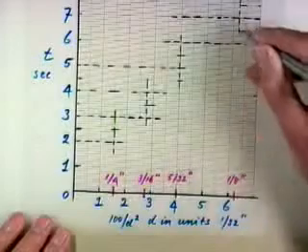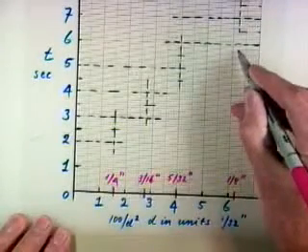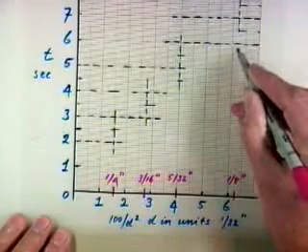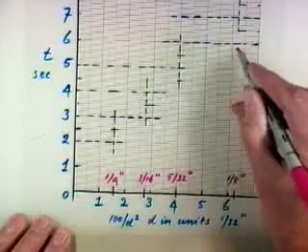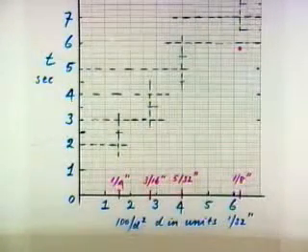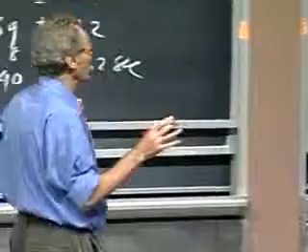So we are here on this line, somewhere here. That's it. Notice the point is lower than where I expected it. And the reason is the temperature went up. And if the temperature went up, then the viscosity goes down and they go faster. But that's okay. That doesn't worry me.